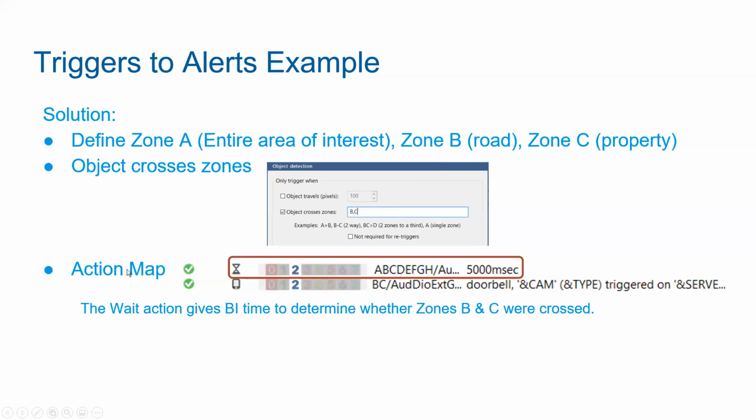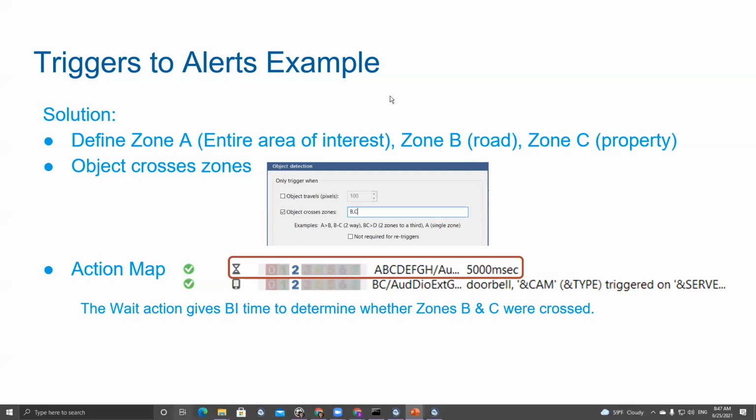And then for the action map, I want to know when there's activity between B and C. I had to put in a wait, and I made it 5 seconds. After that, I created an action map saying if there's activity between B and C, fire an alert. The reason I did this is that the wait action gives Blue Iris time to determine whether zones B and C were crossed. So why is that important?